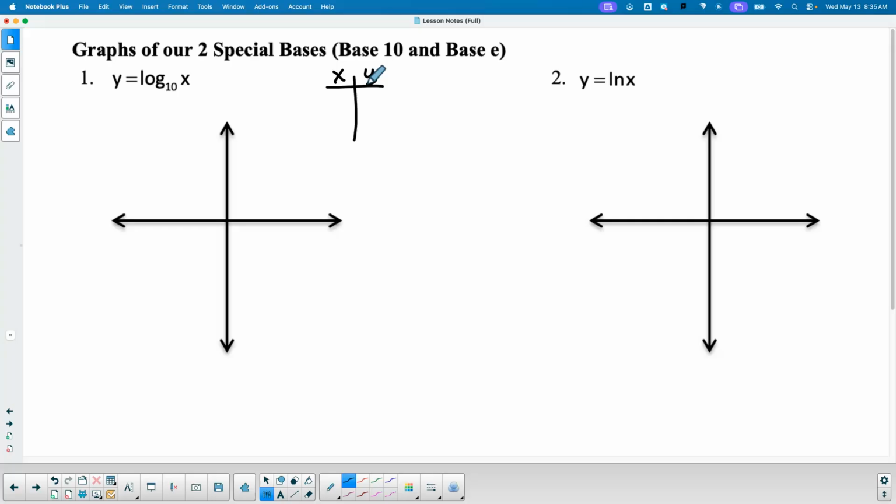In an exponential, it's usually what makes the exponent 0 and the exponent 1. Here in a logarithmic function, it's going to make the y value be 0 and the y value be 1. So I want to find when this is going to be 0 and when this is going to be 1.